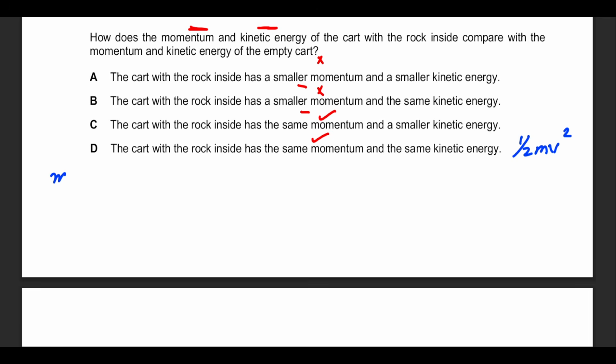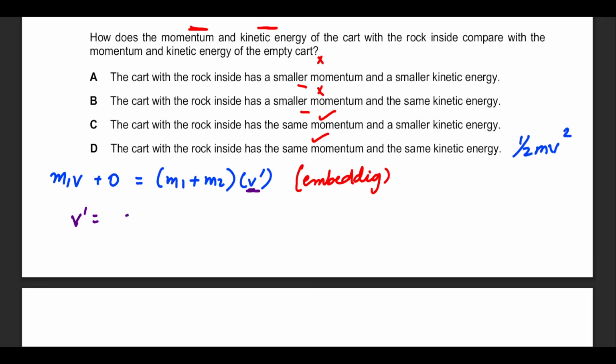This was m1 of the trolley times velocity plus 0 for the stone, because it was not a part of the trolley initially, equals m1 of the trolley plus m2 of the stone times v dash, the new velocity, because a new mass has been introduced into the system. And if you find in my videos, this is the case of embedding, when a bullet is fired, let's say, into a wooden block, or when two objects collide and start moving in the same direction collectively.